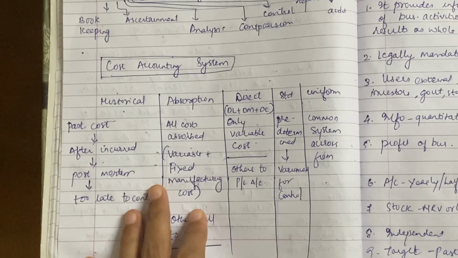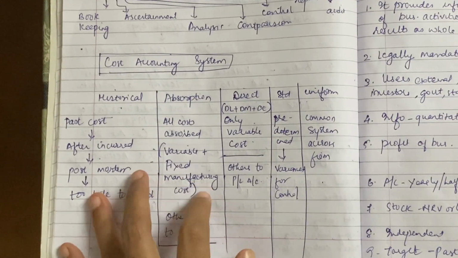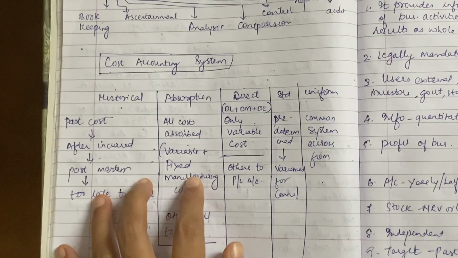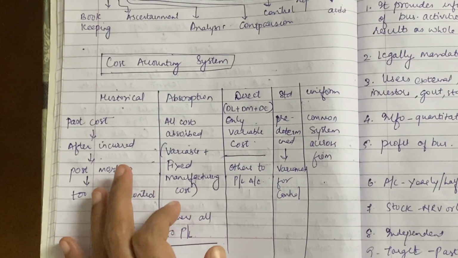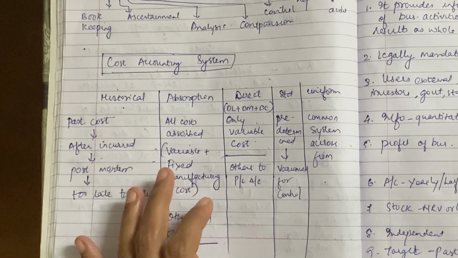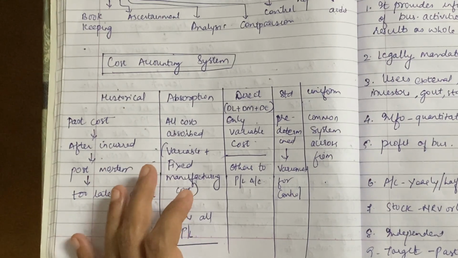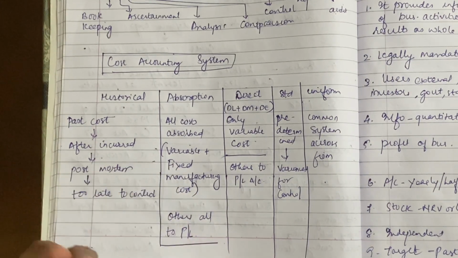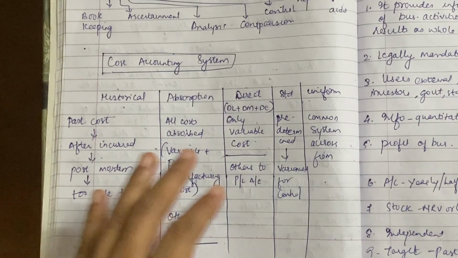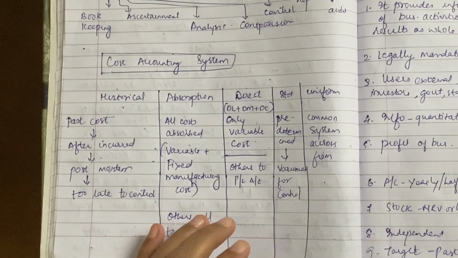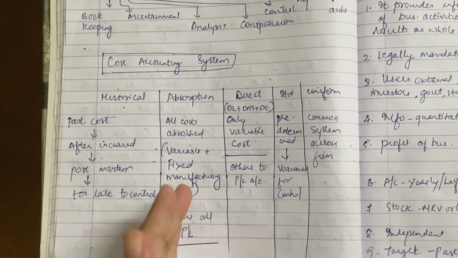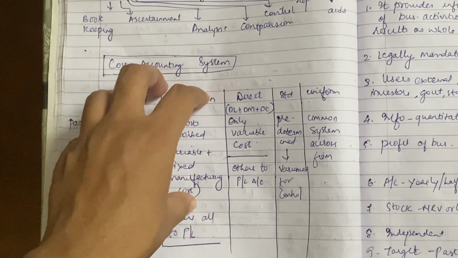Now carriage inward or freight inward, insurance charges to bring that table, such are known as direct expenses. Fixed manufacturing cost refers to the manufacturing cost which is fixed in nature, like the rent, as I told, the depreciation. Other than that, selling expenses, marketing expenses, or office administration expenses will not be charged under the product table.